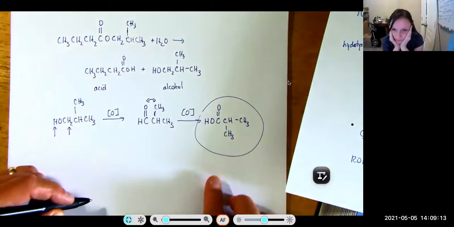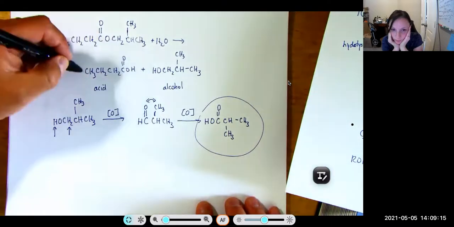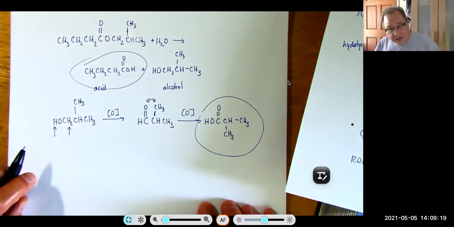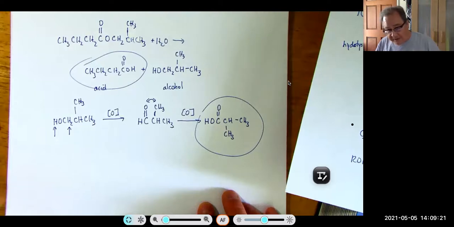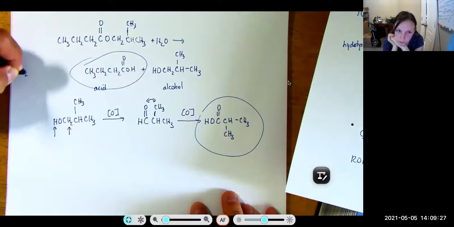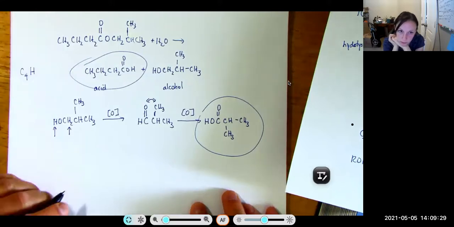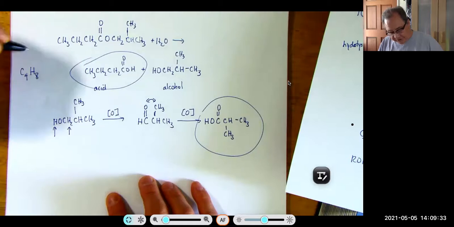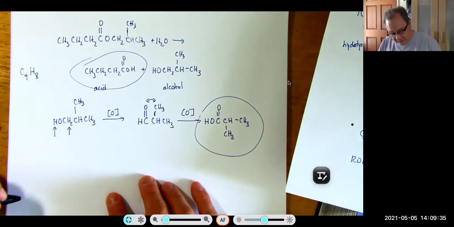Is it a structural isomer of butanoic acid? Well, if it's a structural isomer, it should have the same formula, right? How many carbons here? 4. How many hydrogens? 8. How many oxygens? 2.